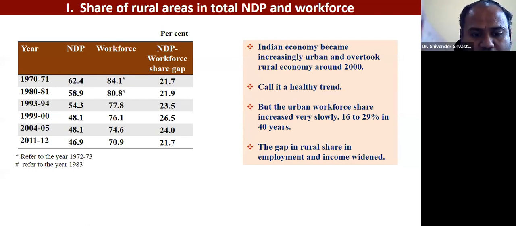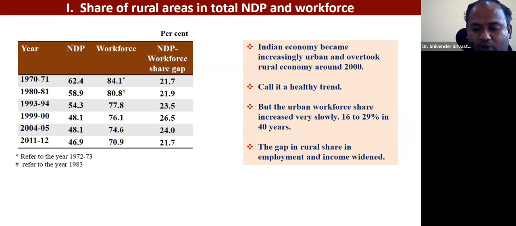Why I have taken data only up to the year 2011, because this National Accounts Statistics publishes net domestic product by rural and urban also, but they produce those estimates when the base year is changed. So the most recent base year for current price or constant price is 2011-12.